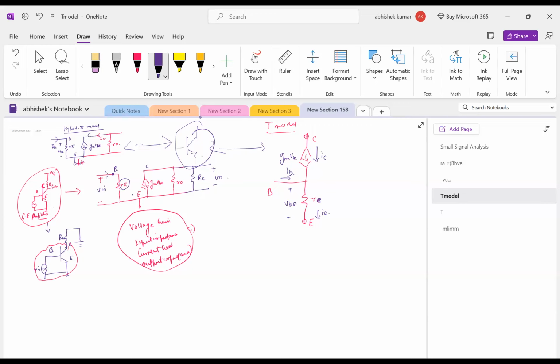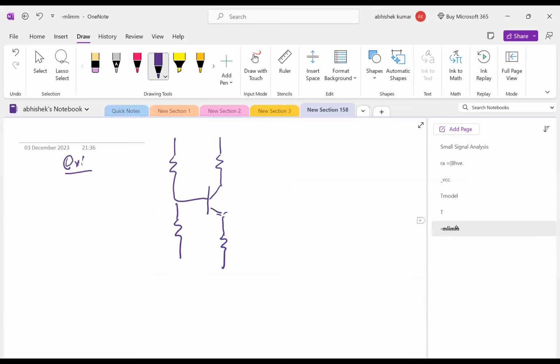So let's concentrate on the hybrid model only, since it is a very common, standard model. I didn't even study the T model.